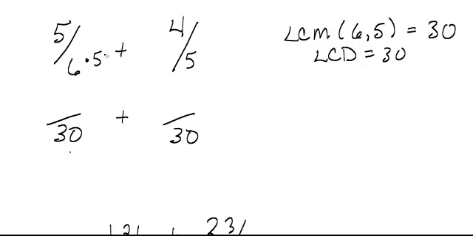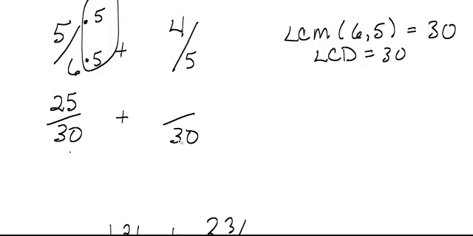And to make an equivalent fraction, I can multiply the bottom times any number so long as I multiply the top by the same number. Because really, I'm multiplying by 1. So I change the way the fraction looks without changing its value. So now 5 times 5 is 25. And that's rewritten with a denominator of 30.